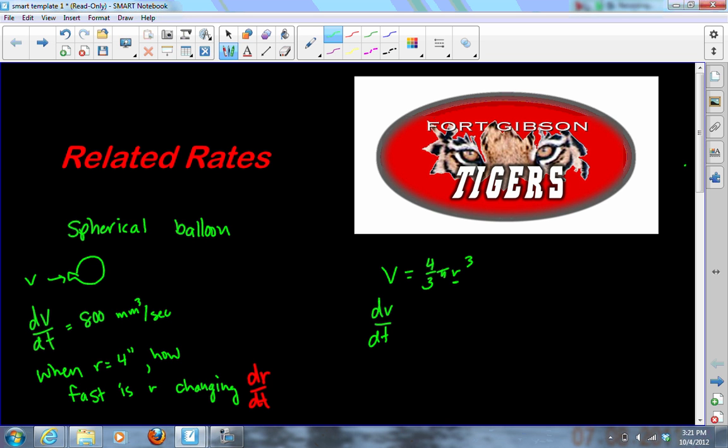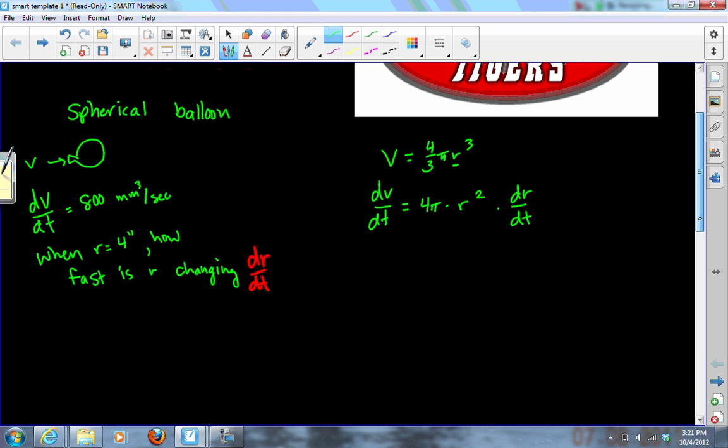So I only have one variable, so I just bring the 3 down. So 4/3 pi times 3 is 4 pi. Bring the 3 down, rewrite the r, take 1 off the power, times the derivative of the r with respect to t, which would be dr dt. And so in this case, I'm looking for dr dt, so I'm looking for this one.